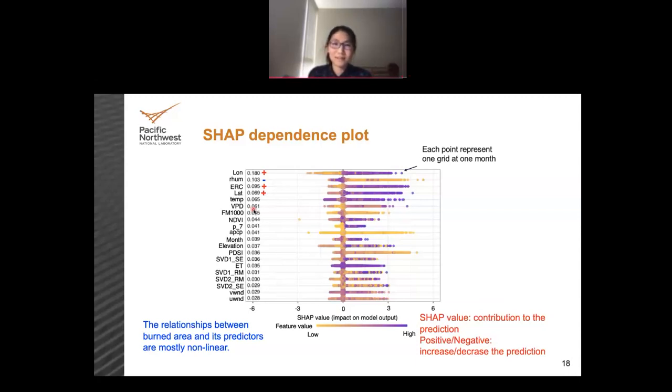Yeah. Great, thanks. Yeah, but I mean the model structure can be applied to the fires in other regions, but the predictors we might need to change or adjust based on the fire characteristics over that region.